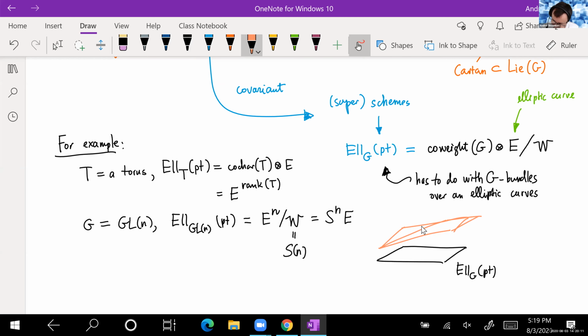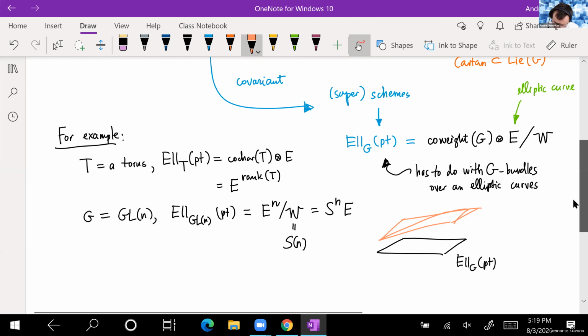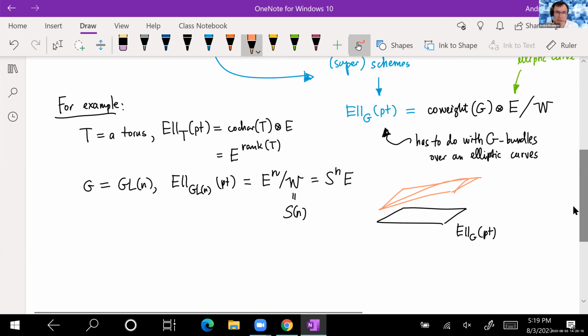So it's this scheme. And the most important example of this is if I look at an orbit. So what if X is an orbit of G?